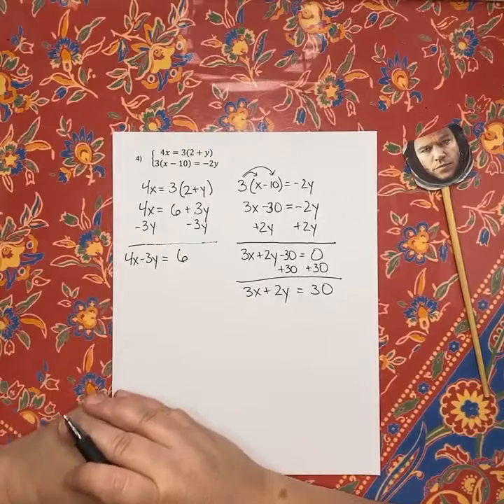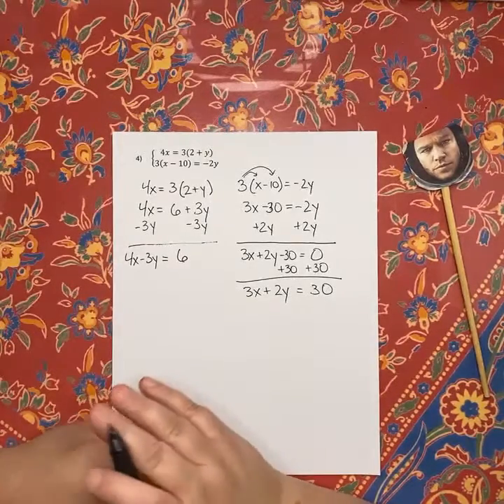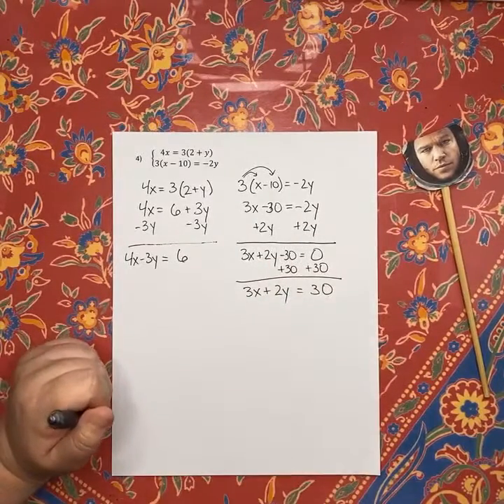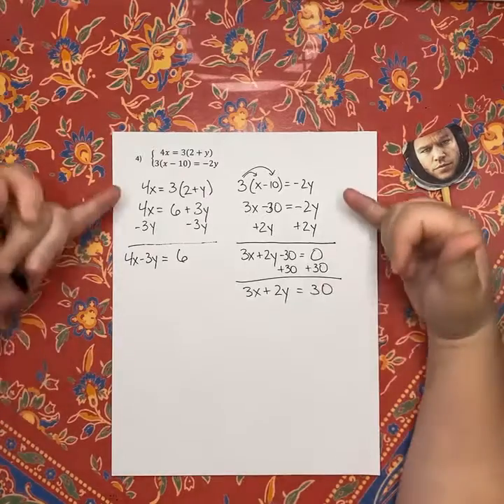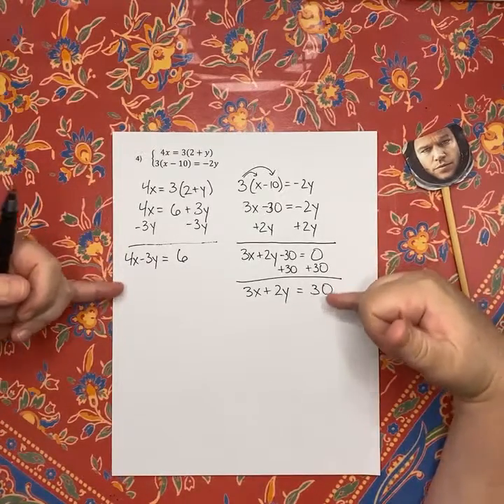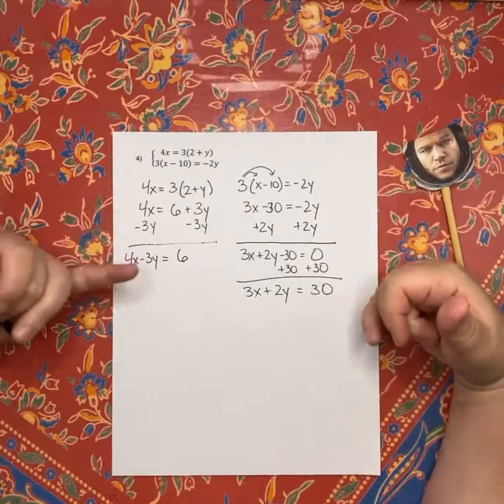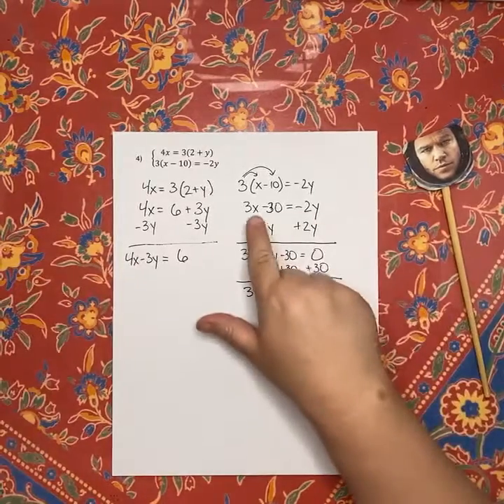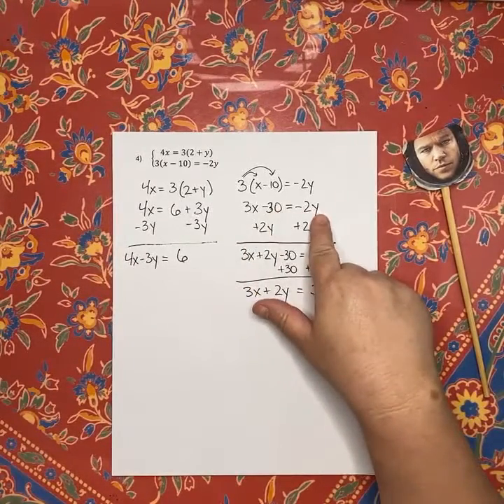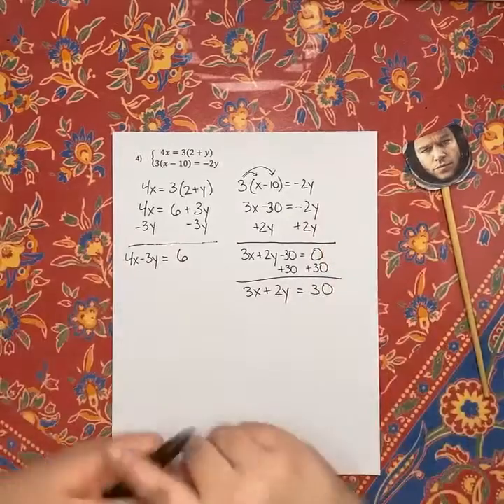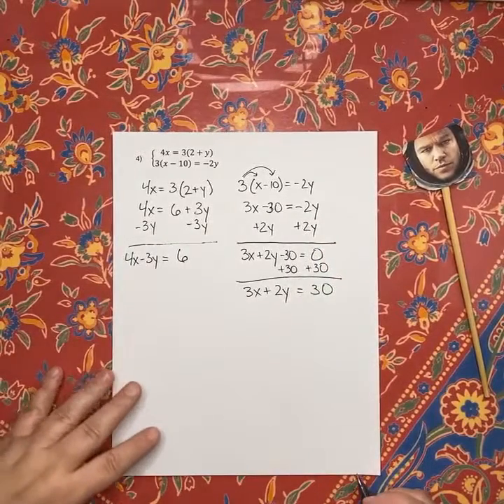A couple things we could have considered: I wanted to use elimination to do this, but at any point along here, you could have chosen to do substitution, in which case, for example, you could have tried solving for x or for y, if that's the direction you want to go. I'm going to use elimination.